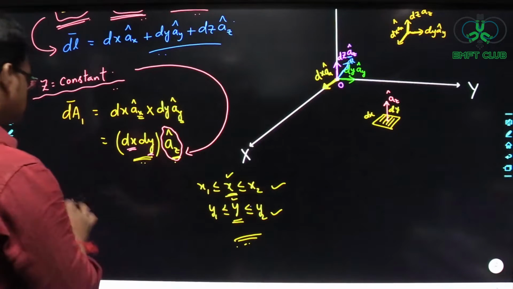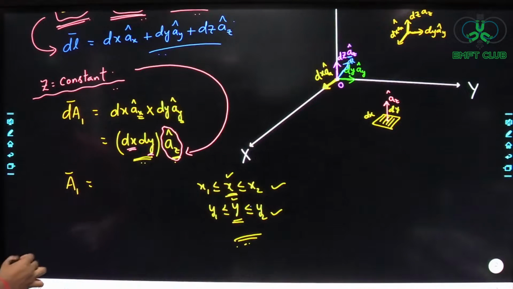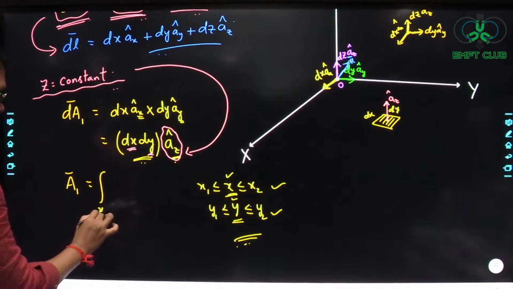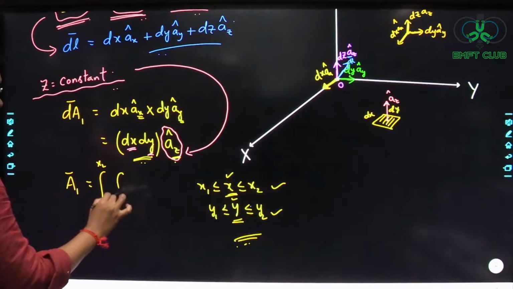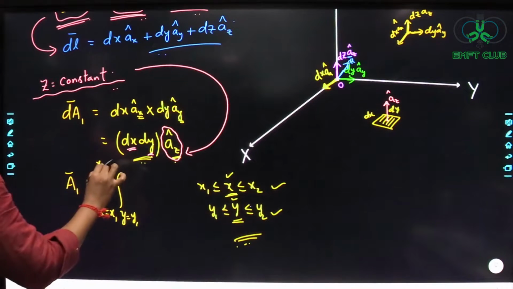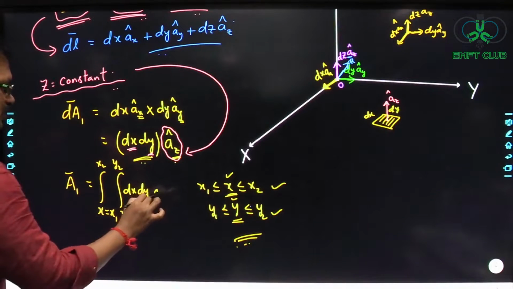Then you are going to get the total surface area formed by these ranges. So I can write the total surface area as A1 bar, which is equivalent to the integral of x from x1 to x2 and the integral of y from y1 to y2, dx dy az cap.